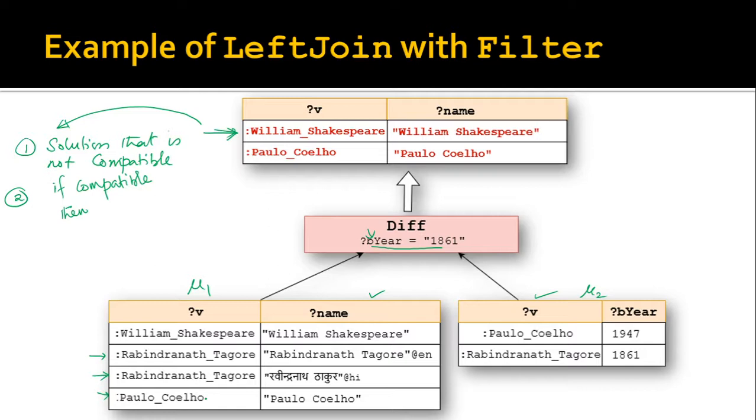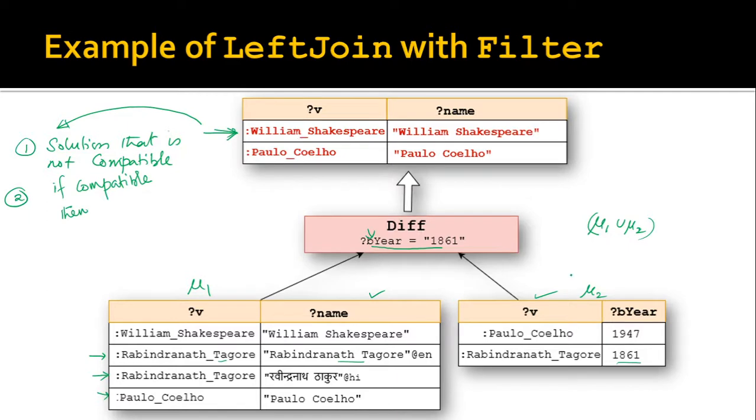Now, the second case, if compatible, then if you take the union of the solutions, like Rabindranath Tagore, and then you take the union of this, what will you have? Rabindranath Tagore string and 1861. That is the result of the union of mu1, mu2. And what would be the result of the union of Paulo Coelho and this?